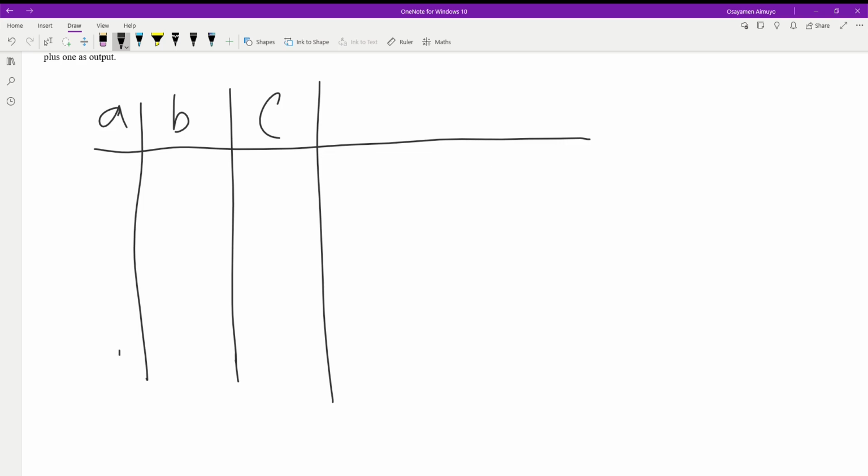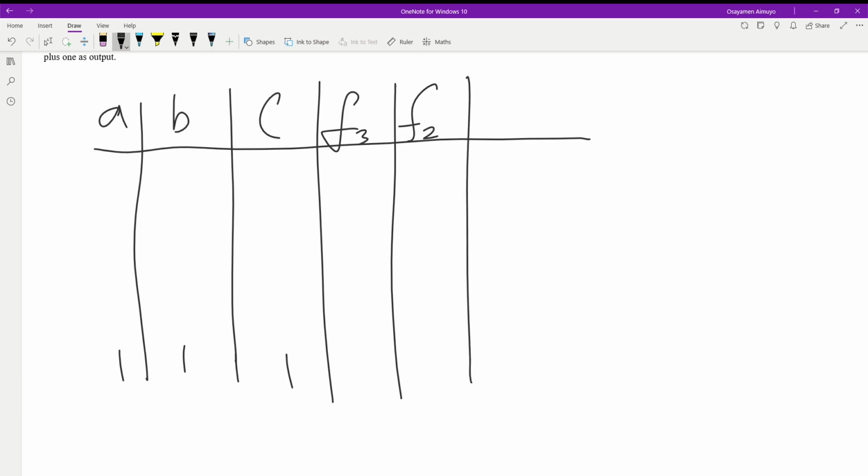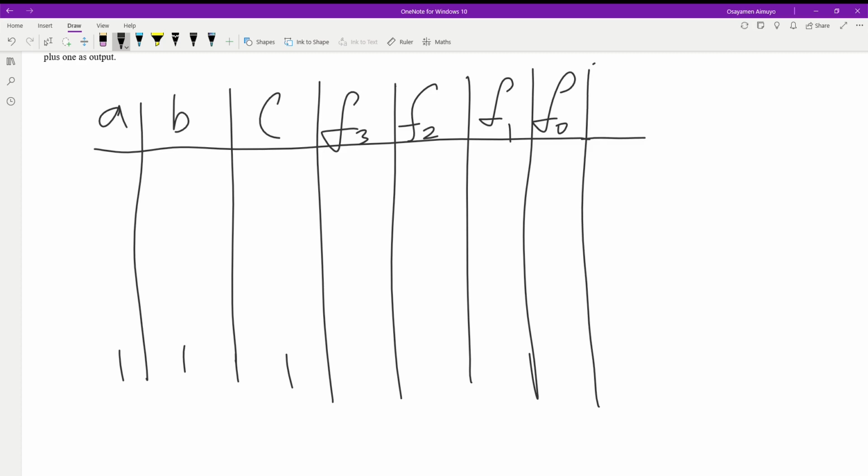That is for the case where you have 1, 1, 1. If you add 1 to that, you get 8. 8 must be represented in 4 bits. And this is unsigned, so we're not dealing with 2's complement or whatever just yet. So we have this set up here, and then I'll just add the inputs.